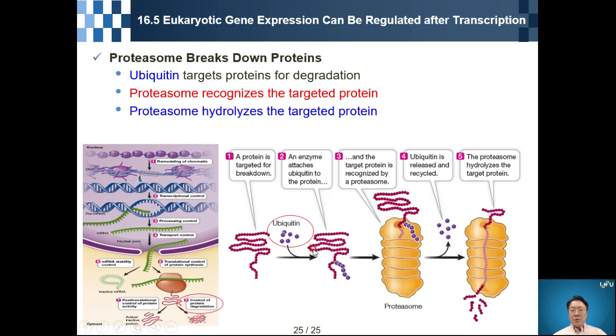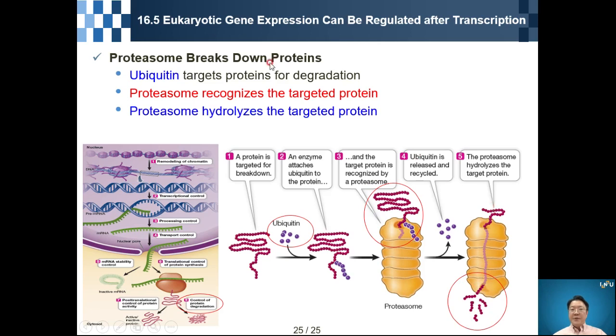In our body we have lots of proteins. When a protein is not functional, ubiquitin knows that, so ubiquitin targets the protein for degradation. After that, the proteasome recognizes the targeted proteins. Then the proteasome hydrolyzes the targeted proteins, so it removes them.